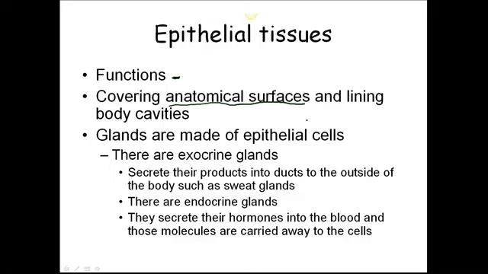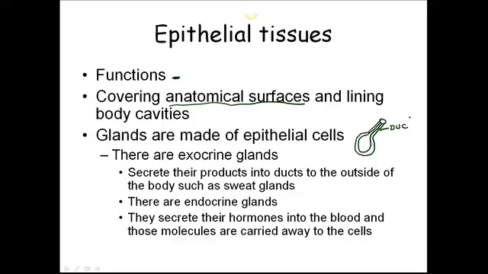Okay? So glands look something like this. A gland is like a sweat gland or an oil gland, something like this. So you have epithelial tissues in here, and epithelial tissues line this duct. This is a duct.